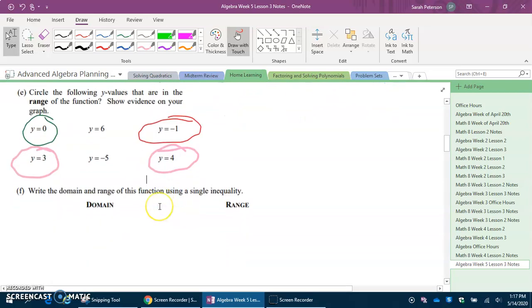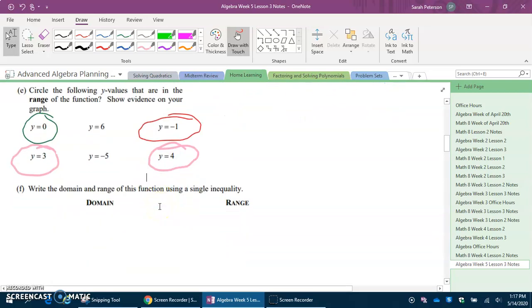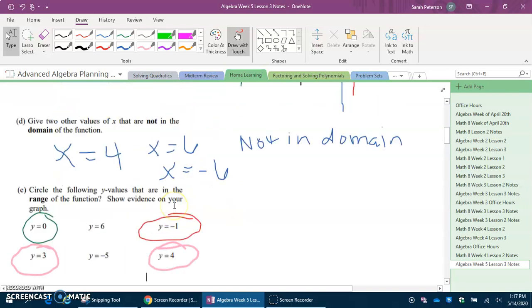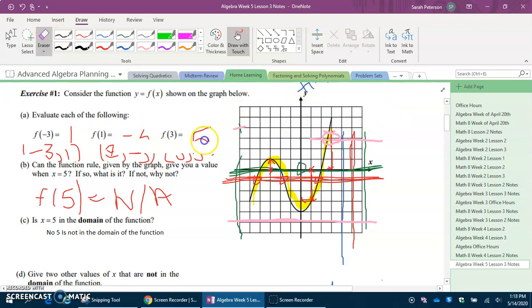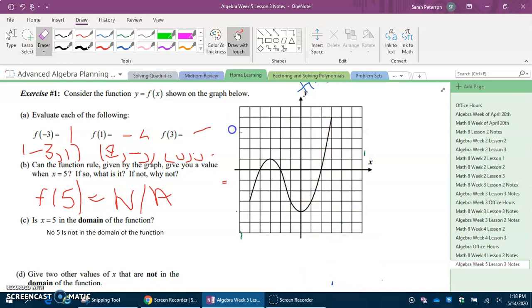So then we can also write domain and range as inequalities. So the first thing I want to do is I'm going to erase this. Probably going to be better if I do it this way. There we go. Okay, so I want to look at what are all the numbers that are in my domain.